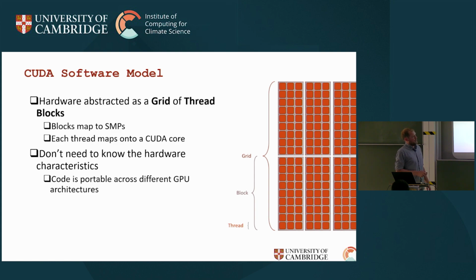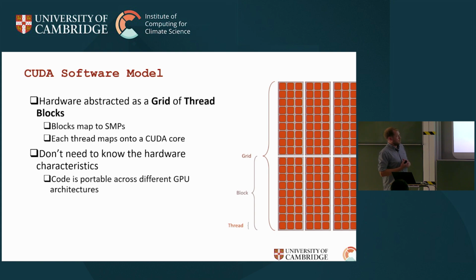By doing this, it creates something that can transparently map to GPUs of different characteristics. What you want to be able to do is run your GPU code on GPUs of different generations and of different compute capabilities. So laptop through supercomputer, you want it to map nicely. This grid of thread blocks allows us to do that. So we cluster threads together into a block, and then we cluster blocks into a grid.